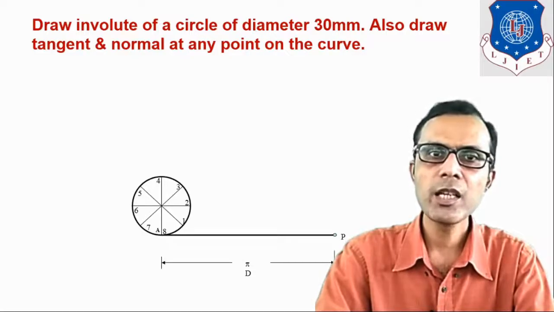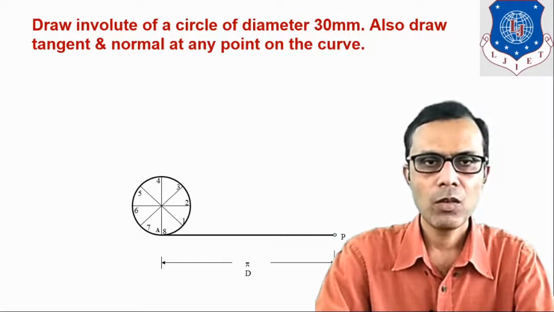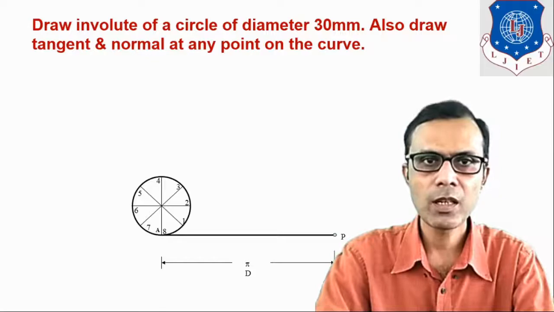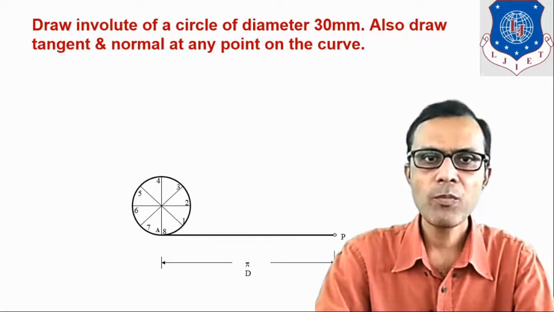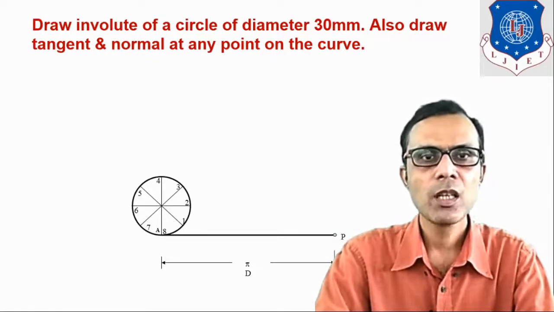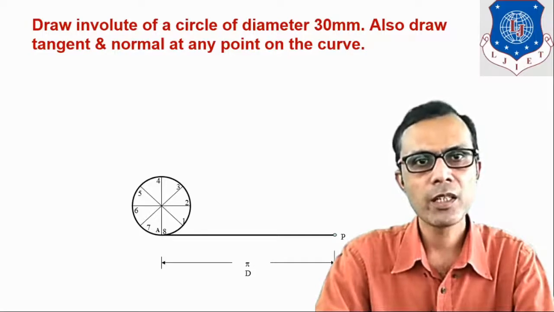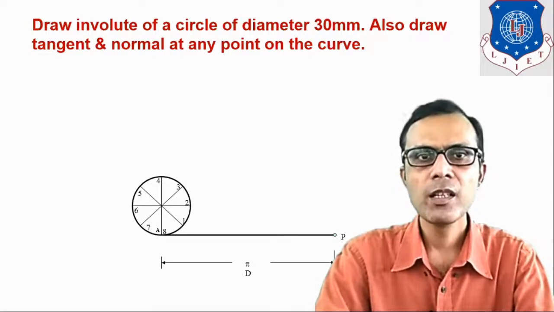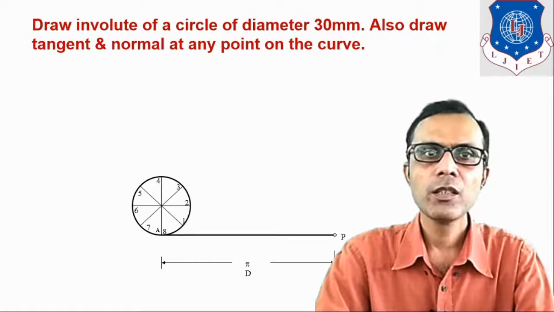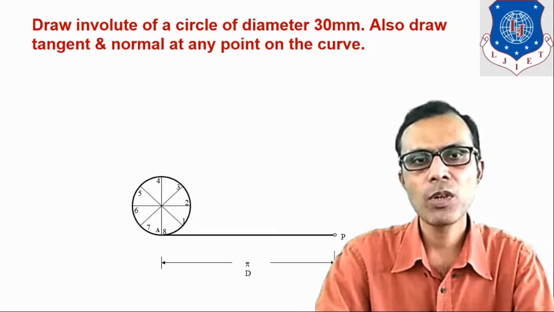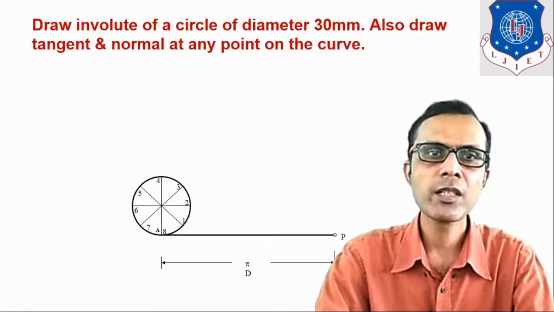Now as the string is being rounded on the circumference of a circle, from each and every point of the circumference we have to draw the tangent, because when the string is rounded, the position of the string at any point on the circumference of a circle is a tangential position.